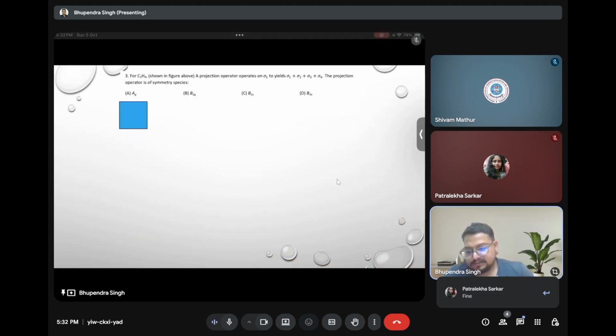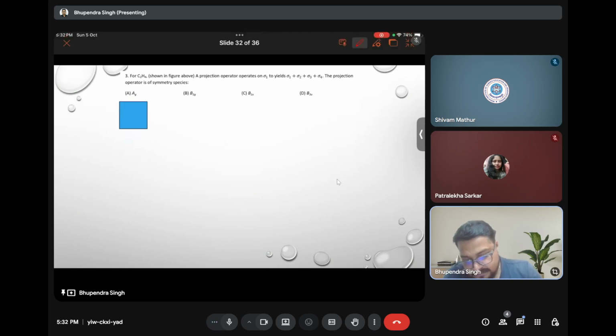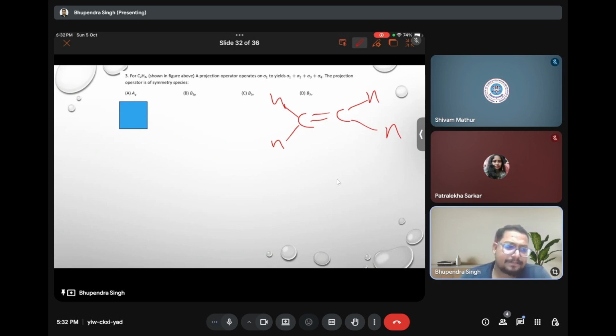Next question is for C2H4. For C2H4, shown in figure, we have to apply the projection operator of sigma 1 to yield, this is the projection operation of symmetry species. This type of question we just did, right?